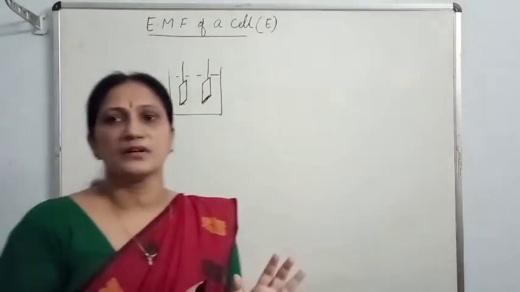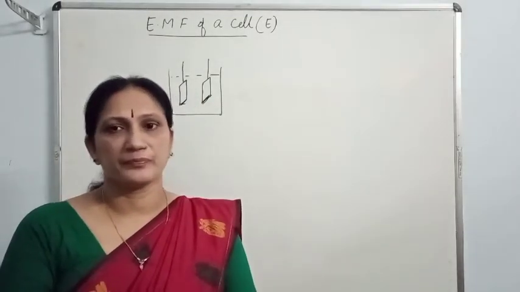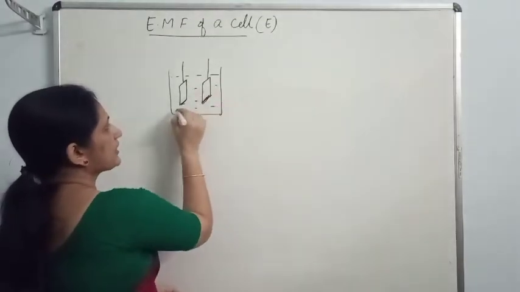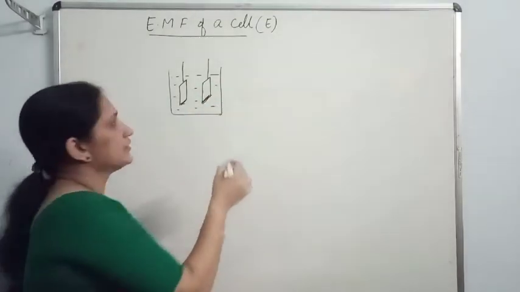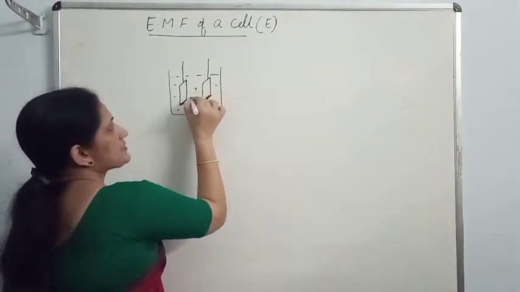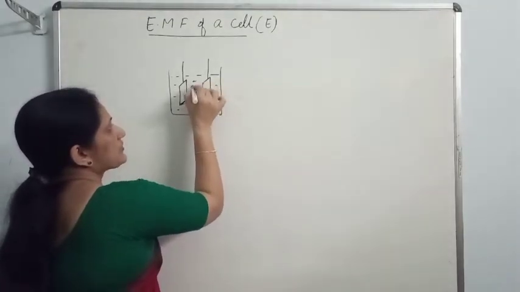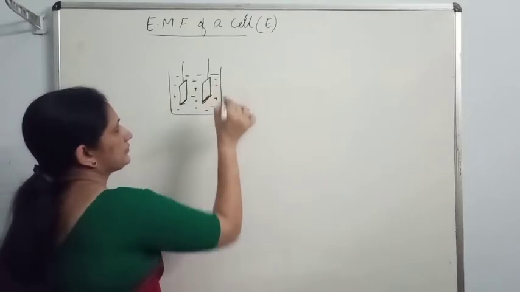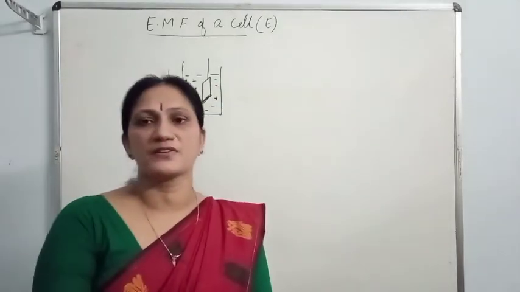This is the structure of every cell. And this electrolyte is a chemical, and this chemical has positive and negative ions present in it. So these are the parts of a cell.